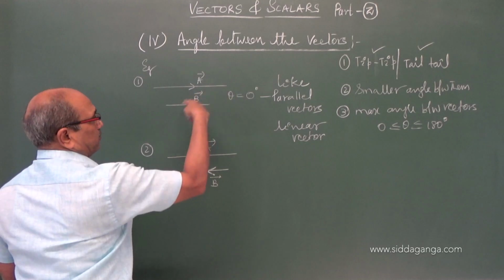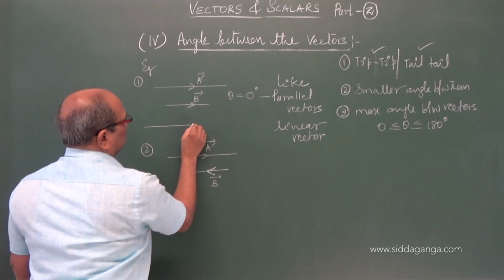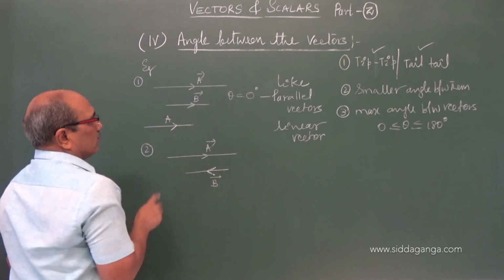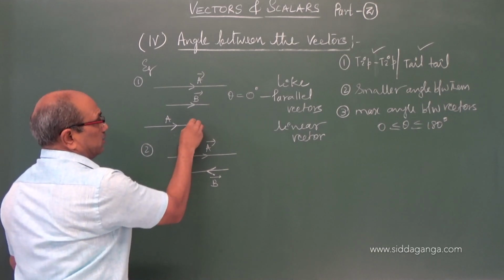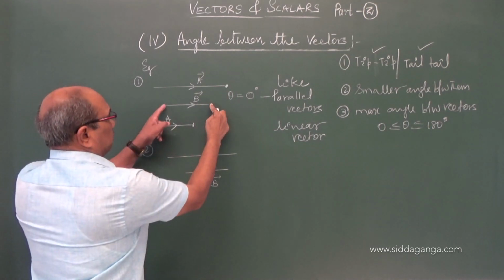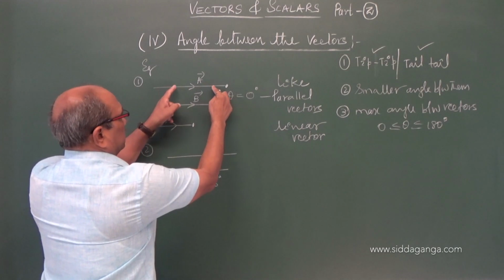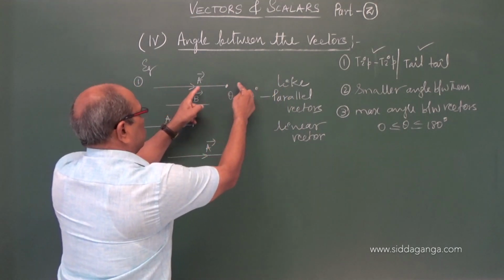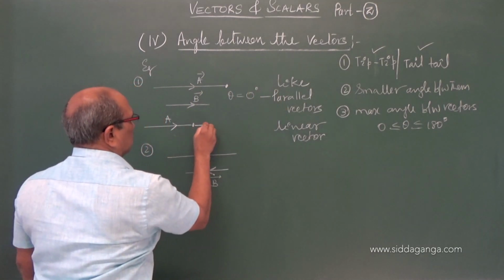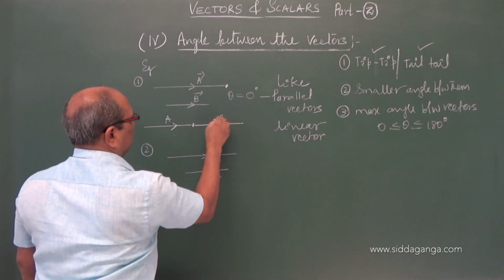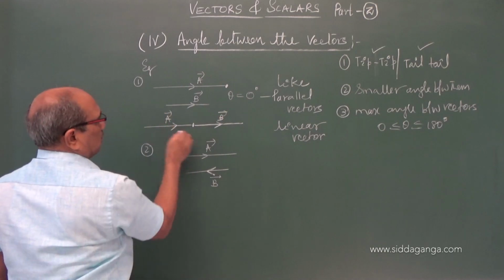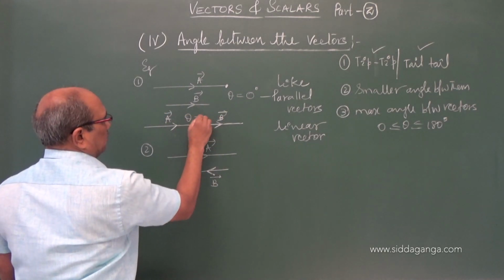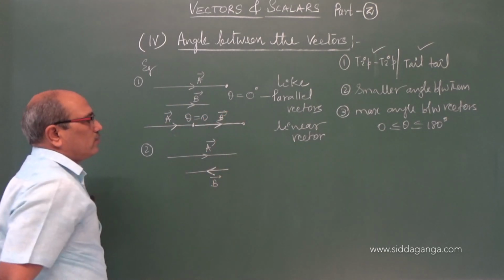I have permission to say, because if this vector is A, I can shift this to here and slide towards right. First I shift upward and slide towards right. You come to know that this vector B and A are both in the same direction, theta is made 0.